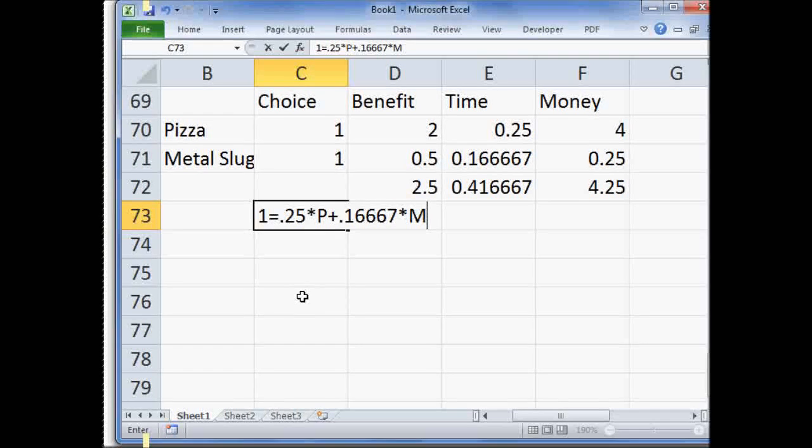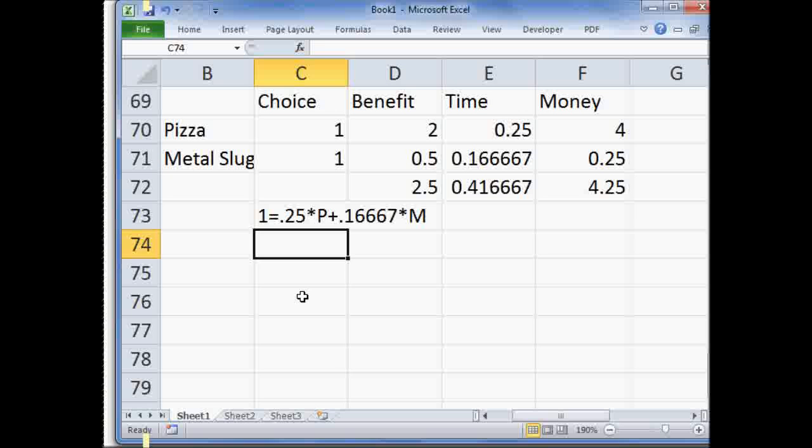Right, so we use 1/4 of an hour in pizza and 1/6 of an hour in Metal Slug, and that's going to equal an hour if we use all the time. So that's that. And then if we use all the money, we have $8, and we spend $4 per pizza slice, and 25 cents per Metal Slug game.